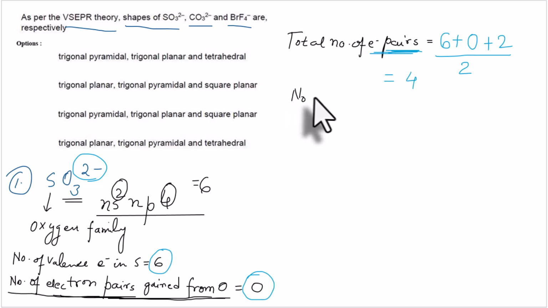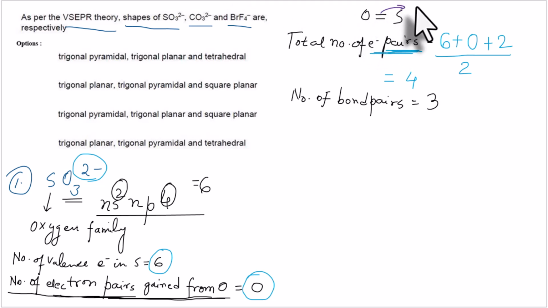Now we calculate the number of bond pairs. Here we can see 3 oxygens are bonded to sulfur, and that is why the number of bond pairs will be 3. You must also remember that oxygen is doubly bonded here, but in these double bonds, one of the bonds is the sigma bond.